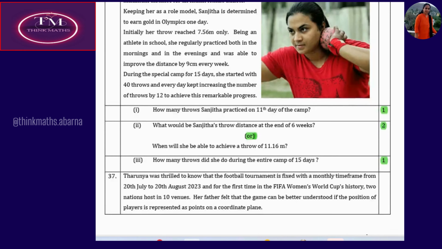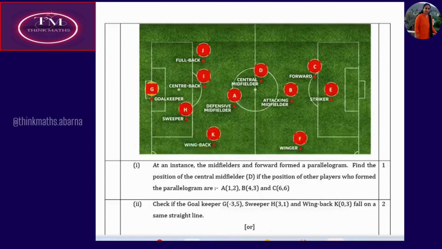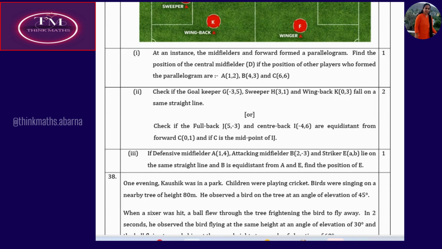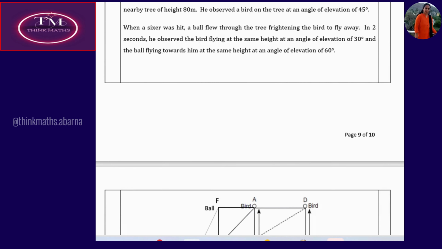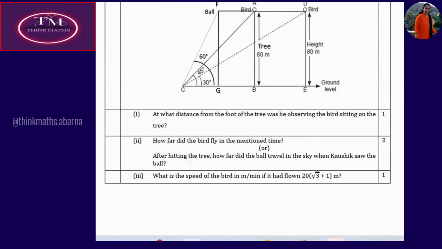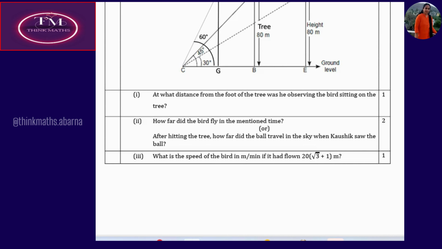Next one is 37. In 37, you have 3 questions. 1 mark is the first question, 2 marks is the second question, and in the 2 marks you have internal choice. The third question carries 1 mark. In 38, the same way, there is a question on applications of trigonometry. There is a 1 mark question, in the 2 mark question you have internal choice, and there is a 1 mark question.